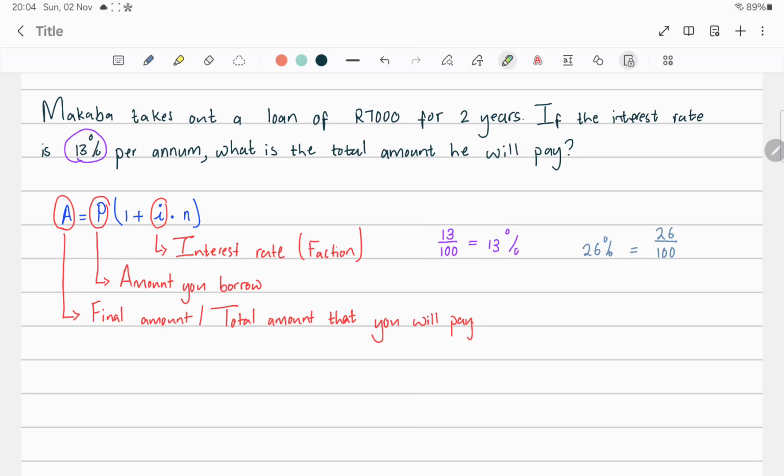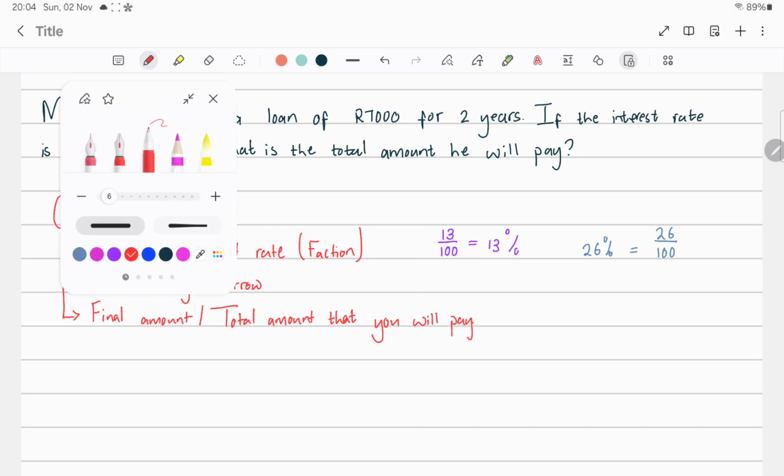This sign, this line looks like a 1, and then we have our first 0 on top and our second 0 on top, so it gives us 100. So that's why we divide by 100. I'm kidding, that's not why, but it looks like it.